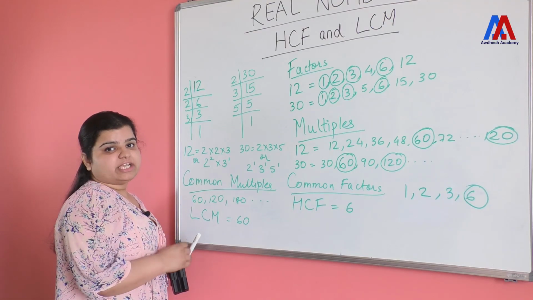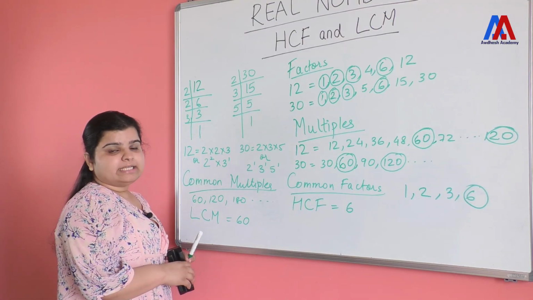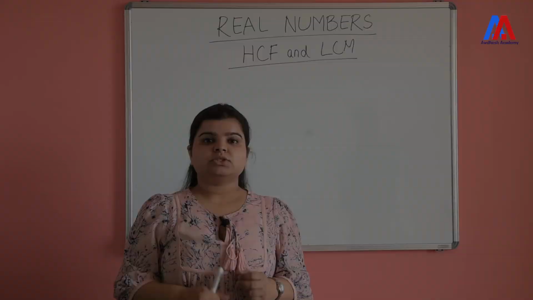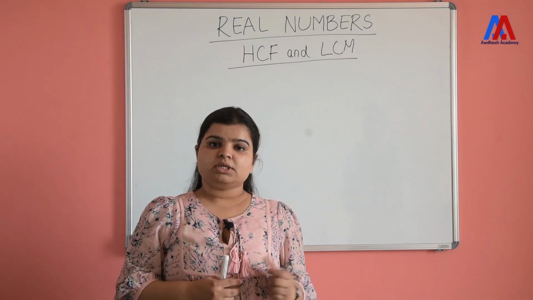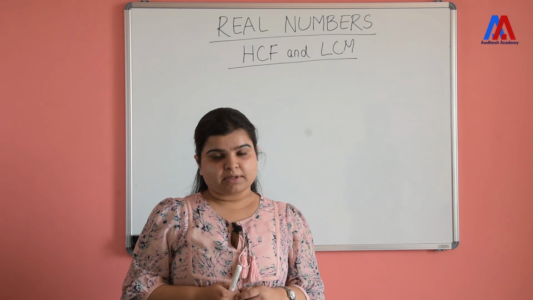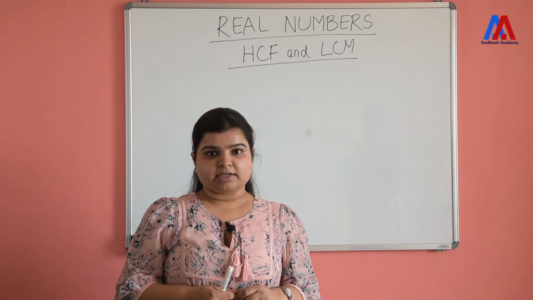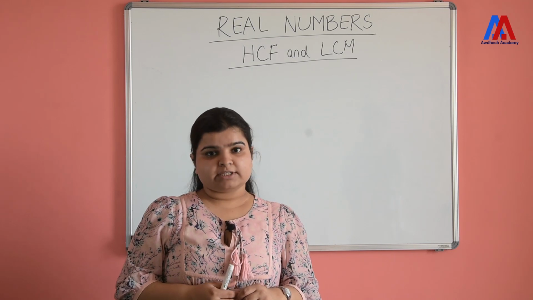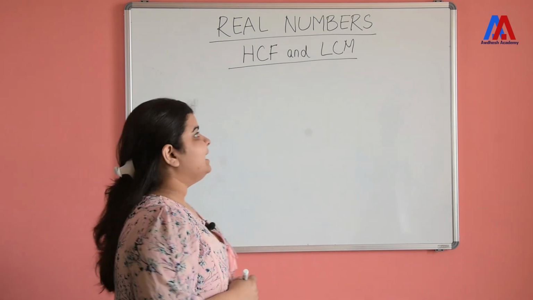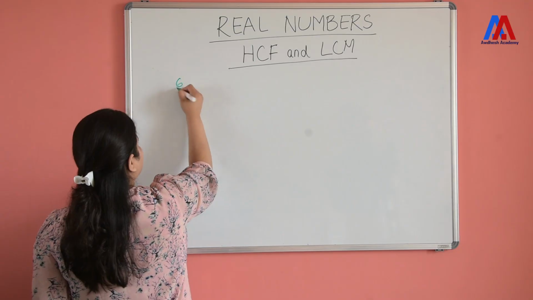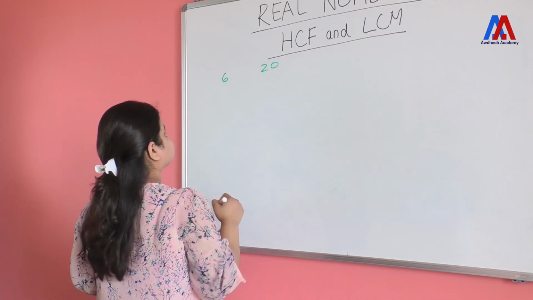Now let's check other methods of finding HCF and LCM. Now we know what HCF and LCM are. We have a method of finding the LCM and HCF using prime factorization. Let's take 6 and 20 as an example.